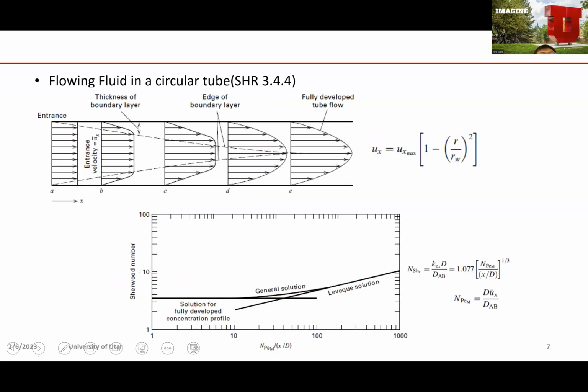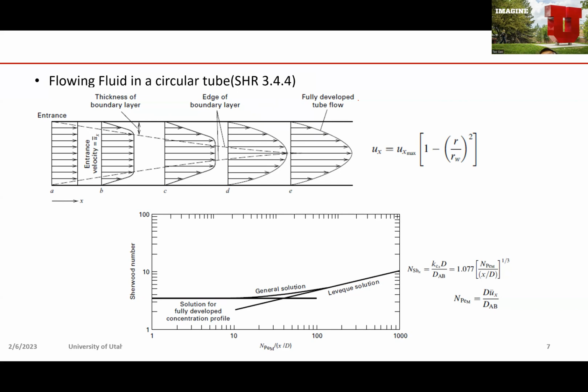So the third example is flowing fluid in a circular tube, right? In this case, it's similar to the flow across a flat plate, but you have a circular tube, a circular wall. So your velocity boundary layer will increase until some point.